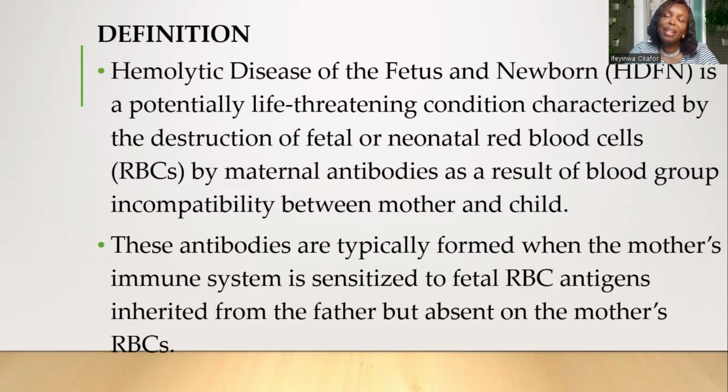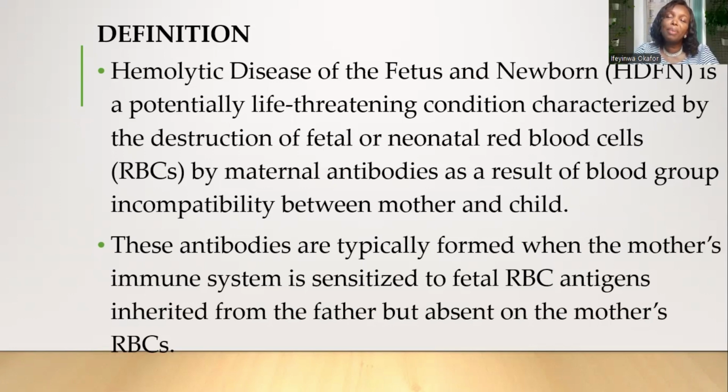This scenario arises as a result of the baby or the fetus inheriting a specific red blood cell marker from the father, but this particular antigen is actually absent on the mother's red blood cells. As a result of that, when this antigen enters the mother's circulation, an immunological response is elicited, and the mother ends up producing antibodies against these antigens.